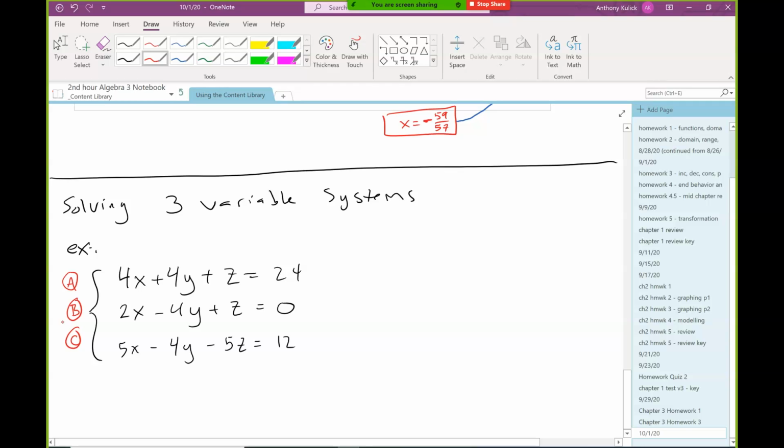What we're going to do is pick one of these 3 equations and pick one of the 3 variables from that equation, and we're going to isolate that variable. We'll then take the resulting equation and substitute it back into the other 2. In doing so, we'll end up with two-variable equations.